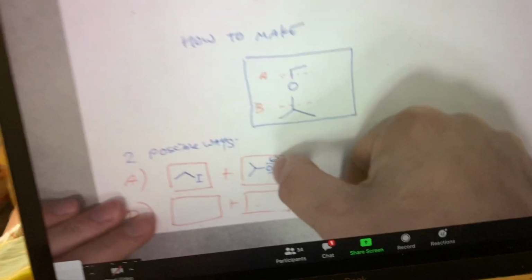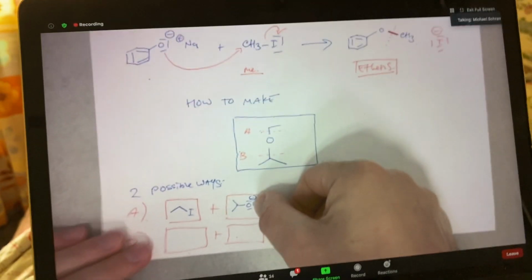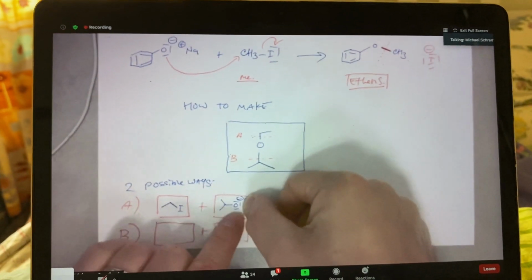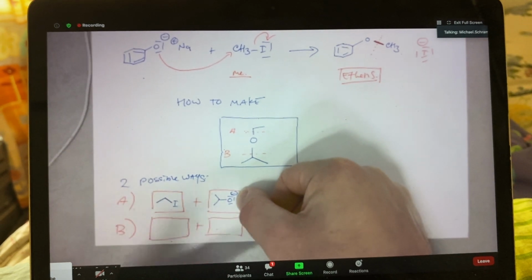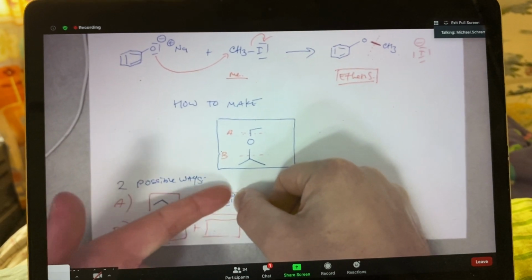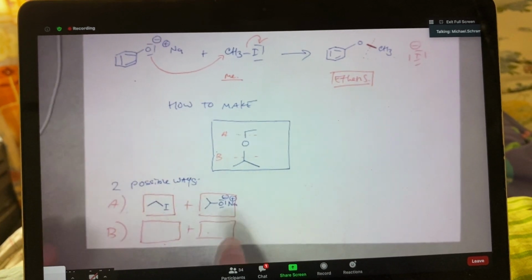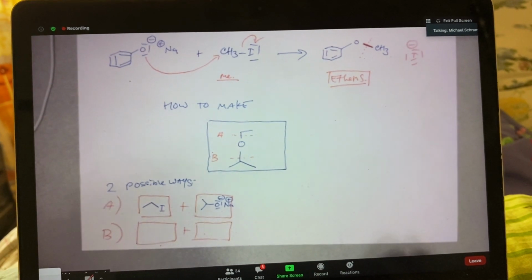If you wrote isopropanol there, intellectually that's on the right track. If this was an alcohol, it could act as a nucleophile, but alcohols aren't really that good of a nucleophile because oxygen's electronegative. On the other hand, if we make it negatively charged, we enhance the nucleophilicity of oxygen. So this would be the best possibility. Okay, so this is one possible way forward.